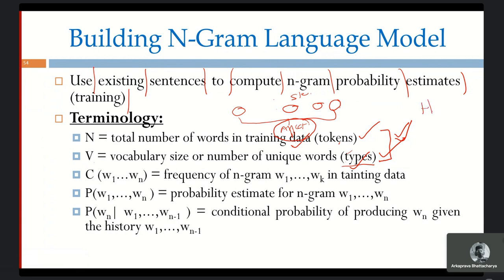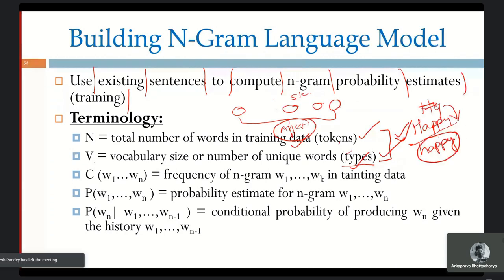Like if I have capital HAPPY and small happy, then these two would be considered as two different tokens. When I normalize them, that is convert them into lowercase form, then I would have only one token. So that can be considered as a type.